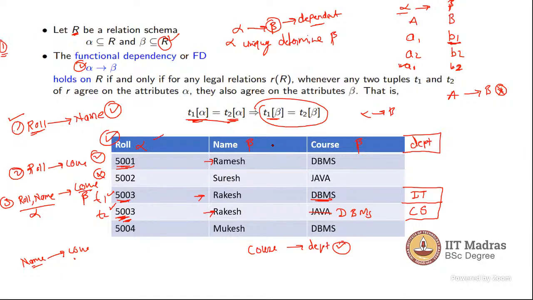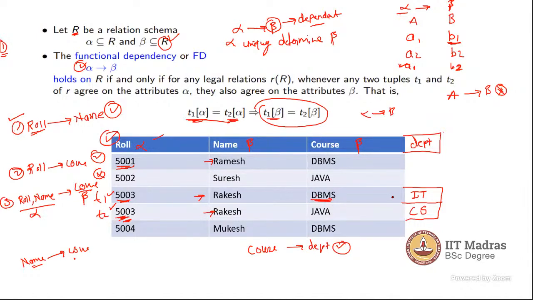Thank you, sir. Can you explain the last point you talked about, department IT and CS? Okay. Suppose we add one more column here, say department, and DBMS belongs to IT department and Java belongs to CS department. Now, if we check this functional dependency, course determines department, it must be unique.